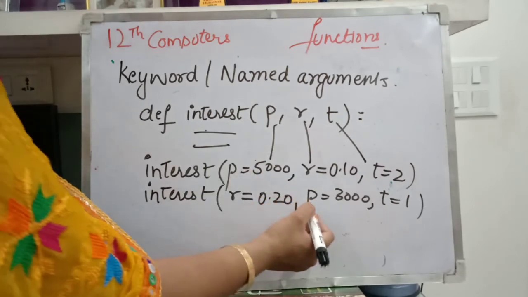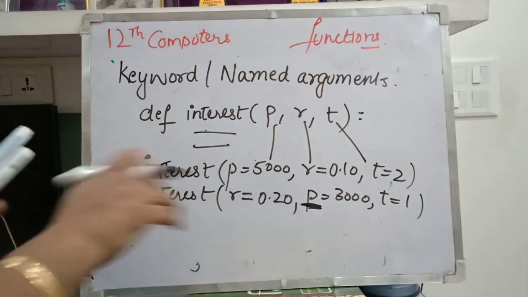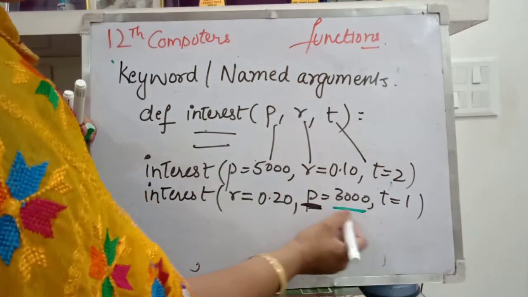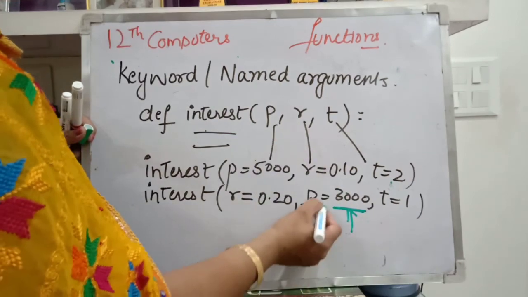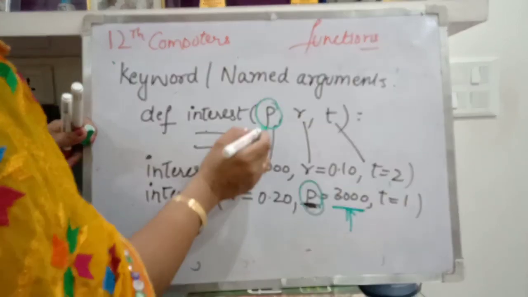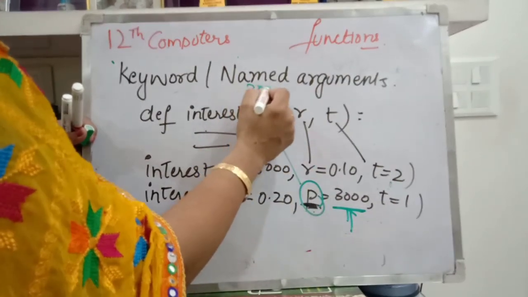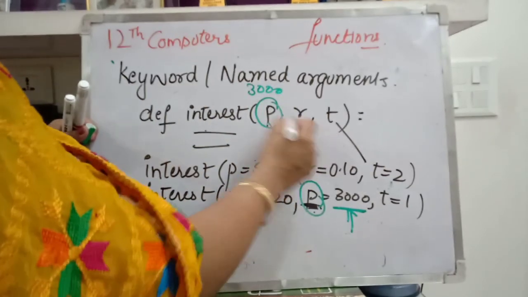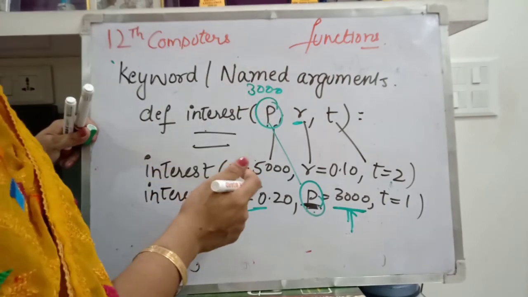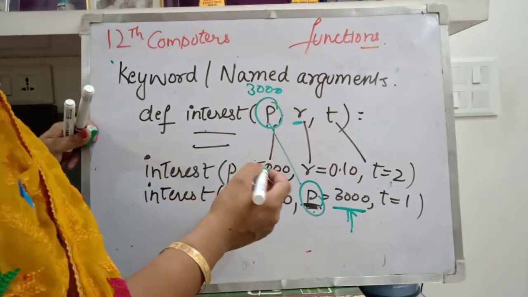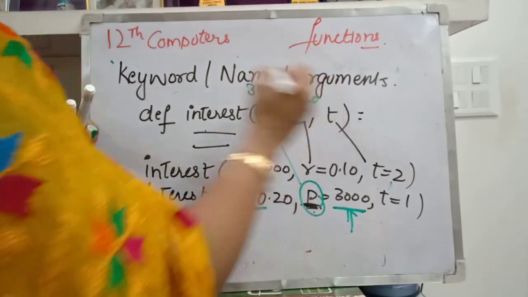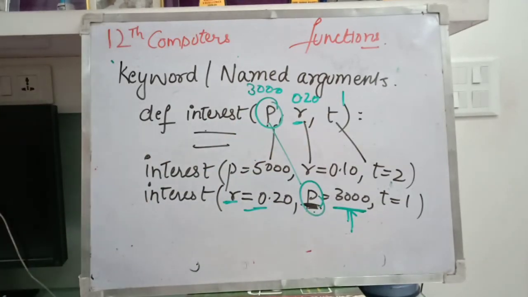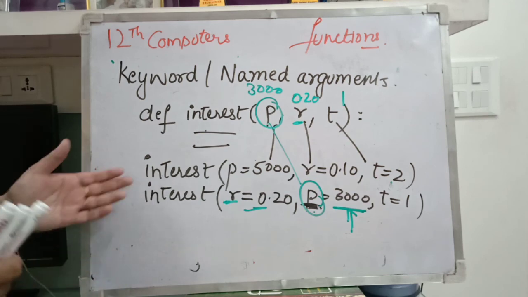No, it will take whatever keywords or names we have given to our arguments. Here I have given the name p, so p will match, and the first value given is 3000. Then rate r is matched with the formal argument, and it will get 0.20, and t will get 1. So these are known as the keyword and named arguments.